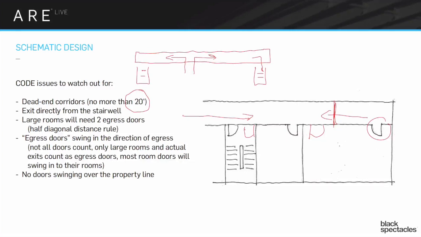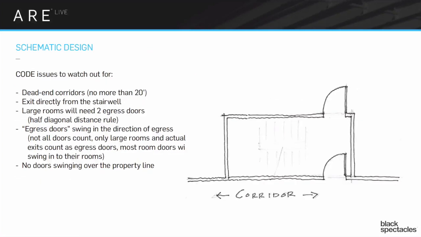Another code issue you're going to find is this idea that they really like the fact that you exit straight from the stairwell. So on the ground floor, one of the ways out should be that people from the corridor on the first floor are able to exit through the stair and then go right straight to the outside.